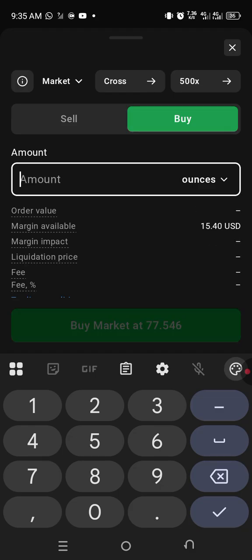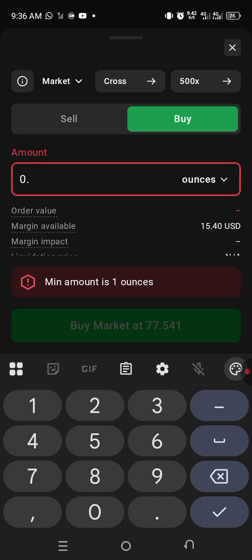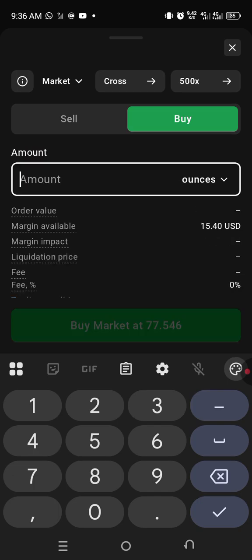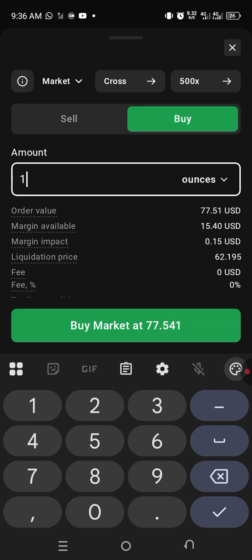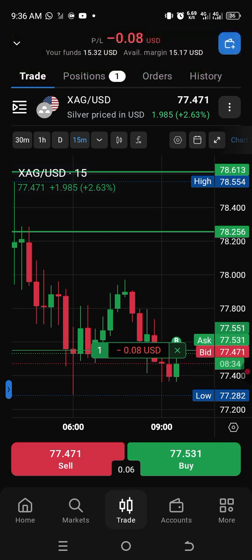How much is 0.9? Oh, that is too small. Then 1, margin will be 0.15. I think this one is safe. 1 ounce. Okay, if it's moving fast, I'll close fast as well. So let's buy. We see how things go.